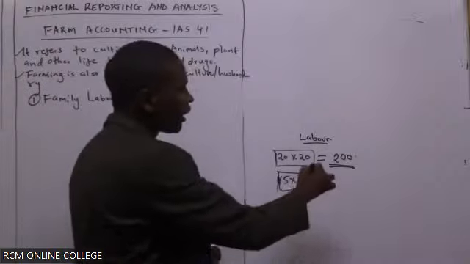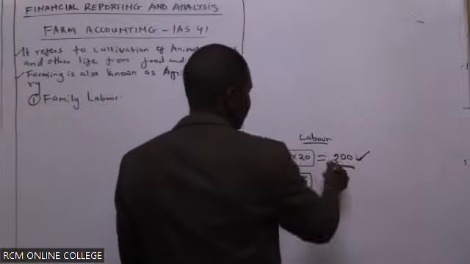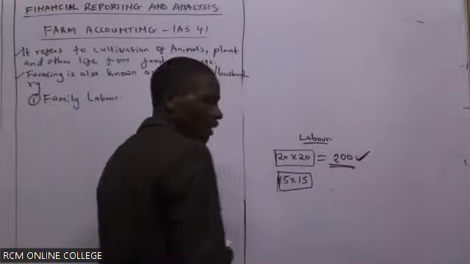It is measured using the market price. So if 20 by 20 went at 200.